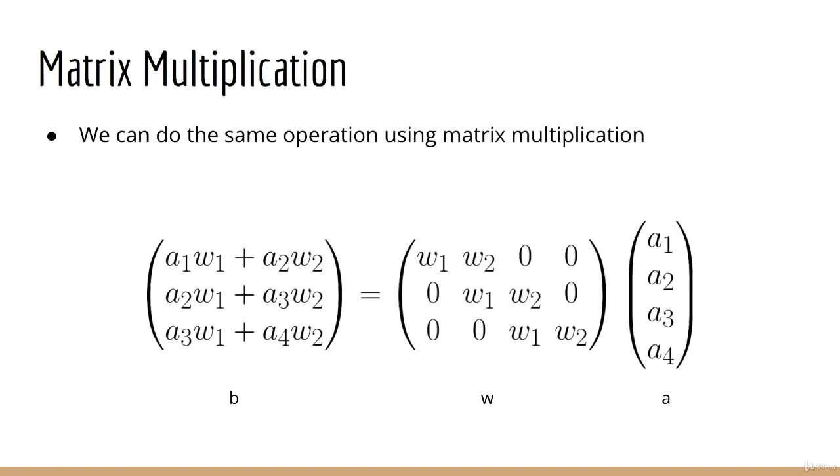Using this, it's pretty easy to see how we would implement the same thing using matrix multiplication. What we've done here is we created a matrix where we repeat the filter along each row, but on each row, we shift it to the right by one space. Now, I recommend you do this by hand so you can see that it works. If you multiply the matrix by the original input vector A, you get the correct output of the convolution.